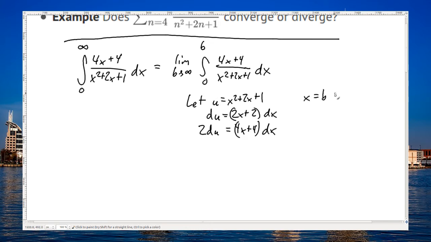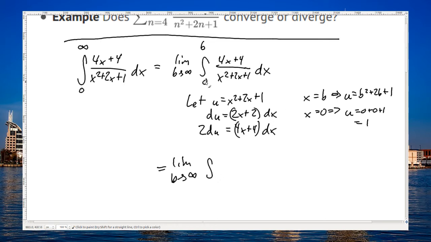If x is equal to b on the top, then my u is going to be b squared plus 2b plus 1, whatever that is. And then my x is equal to 0 on the bottom. That gets me 0 plus 0 plus 1 for u. So 1. So we'll make those replacements. b is still going to infinity.